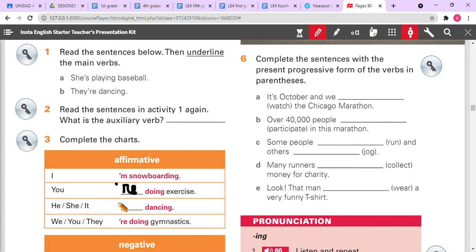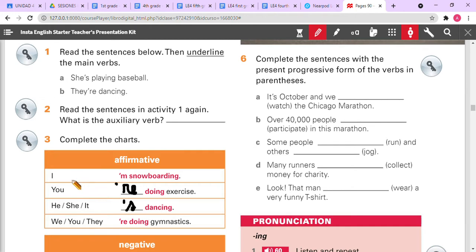He, she, it. That is very easy. 's dancing. Okay, 's dancing. He's dancing, she's dancing, it's dancing. Or finally, we, you and they are doing gymnastics. Okay, listen. This is very easy.